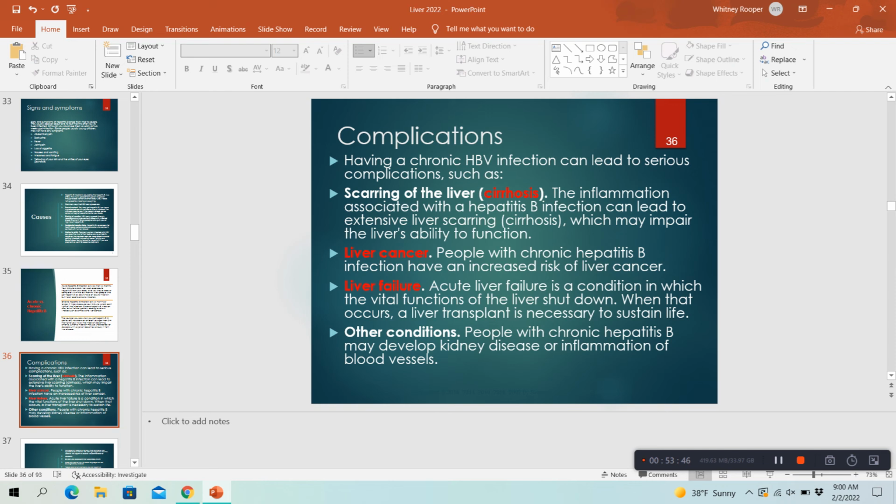Also liver cancer and liver failure. Those would be the things I would want you to remember. Hepatitis can cause a lot of more serious illnesses.